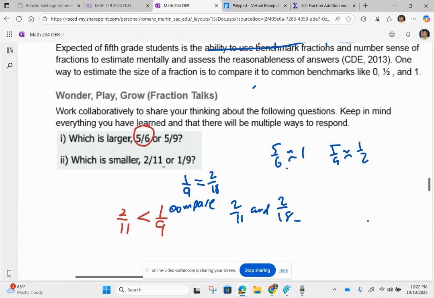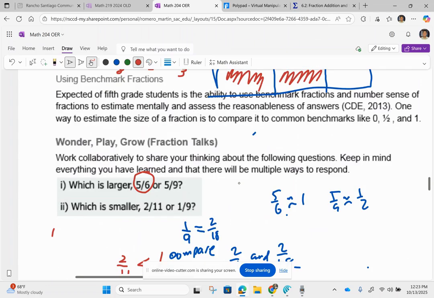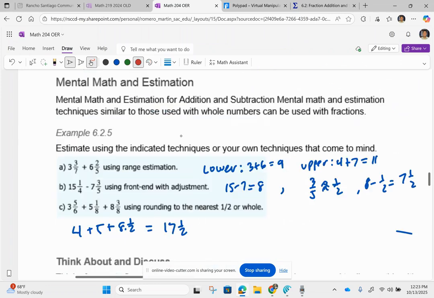So using equivalent fractions, but again, our benchmarks, knowing these unit fractions. 1/9 is equal to 2/18. I know that 2/11 is bigger, right? When that denominator is actually smaller, the fraction is bigger. So that's what we have for adding, subtraction, and then ending on mental math and estimation.